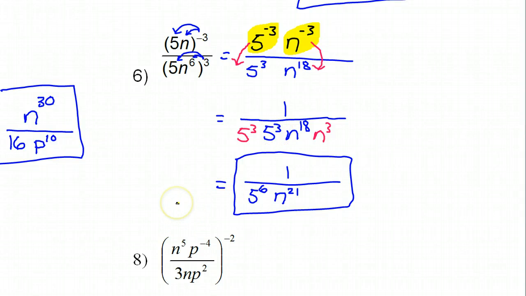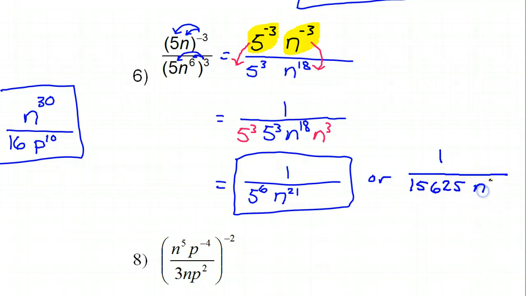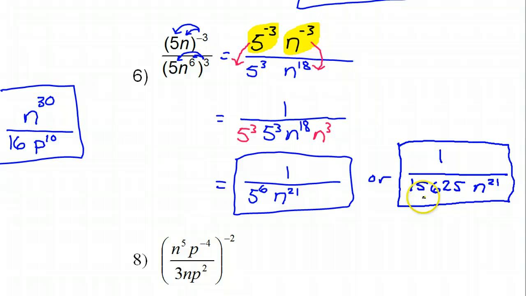So if you did 125 times 125, then maybe you got this big old number, which is 15,625 and n to the 21 power. So even with a bootleg 4-function calculator, you could come up with this number without too much trouble. So that's fine. I'll accept either one.